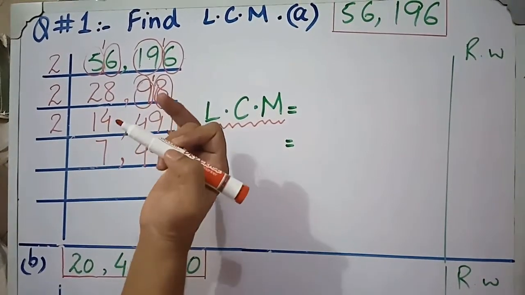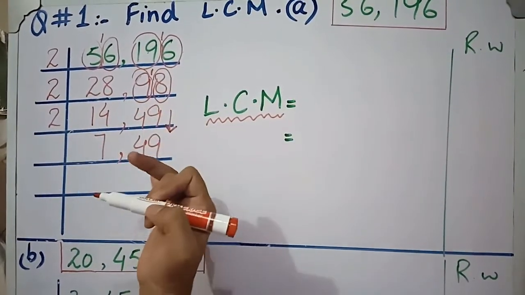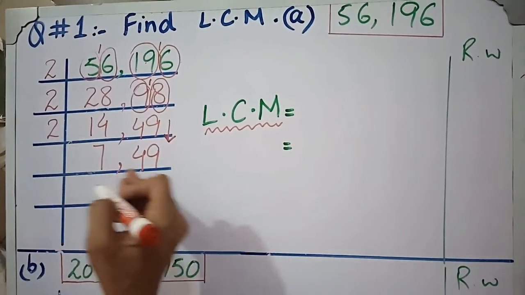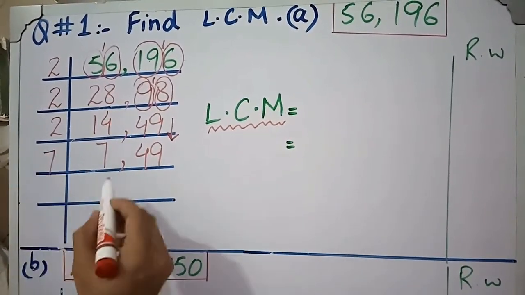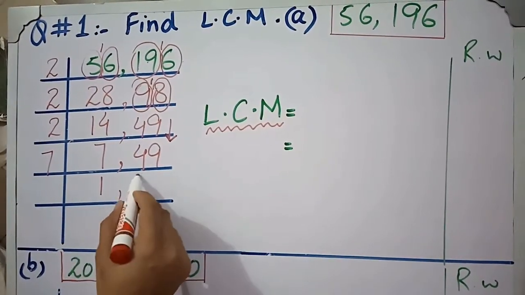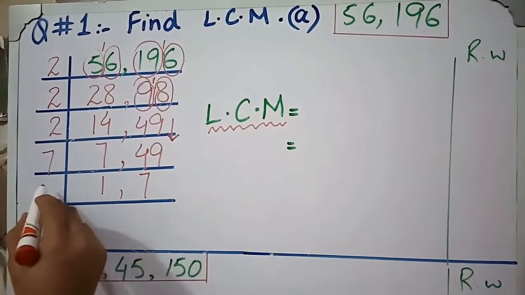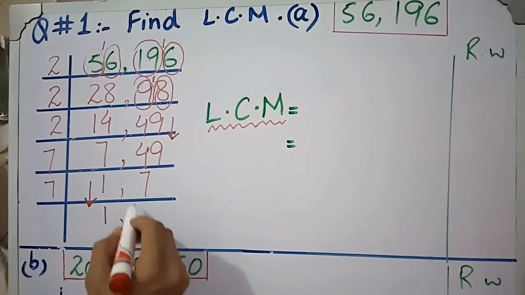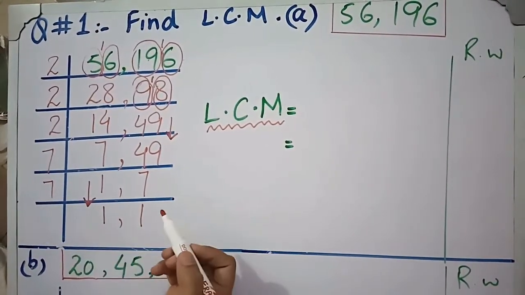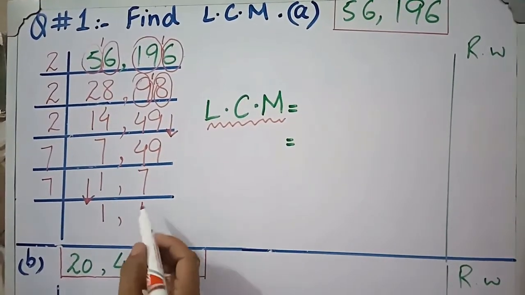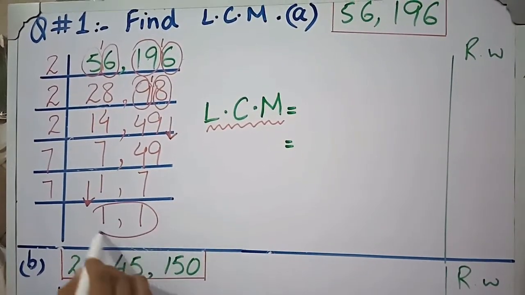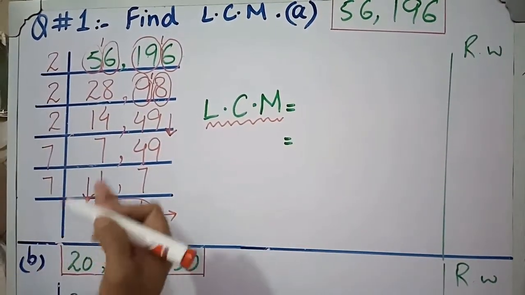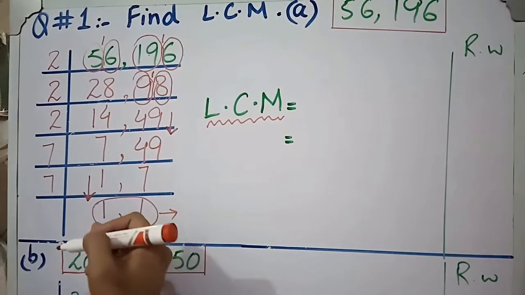Now both numbers are divisible by 7. 7 1s are 7, 7 7s are 49. Now again 7, we will drop down 1 as it is, and 7 1s are 7. We will keep dividing till the numbers become 1 and 1.